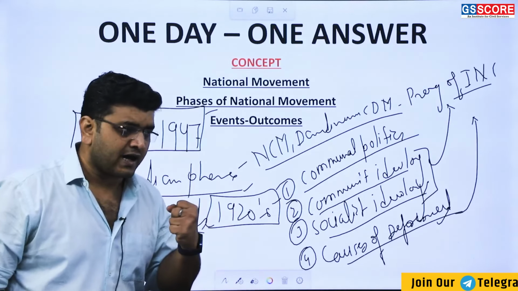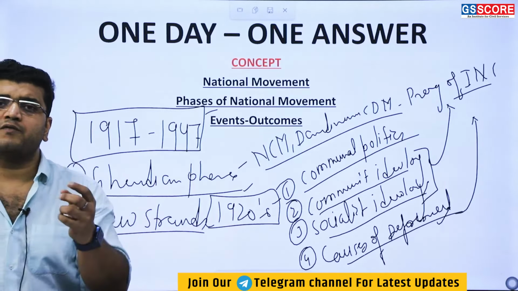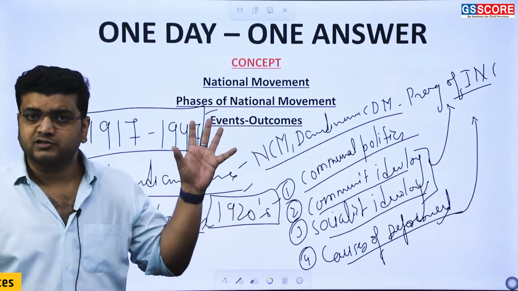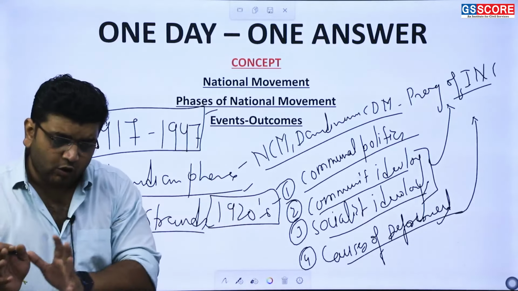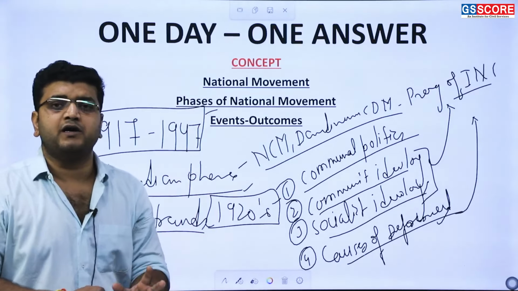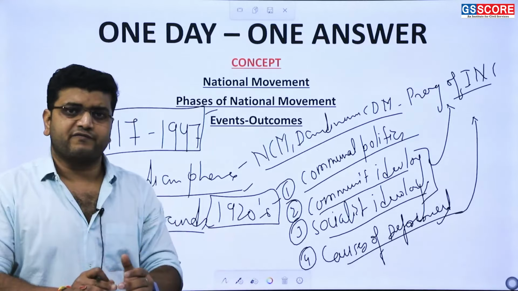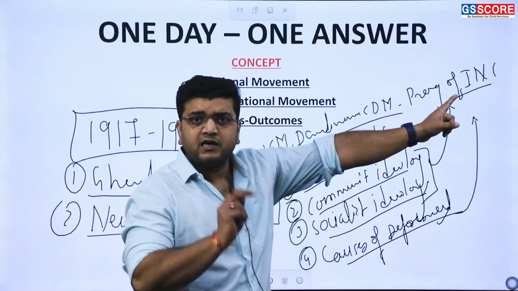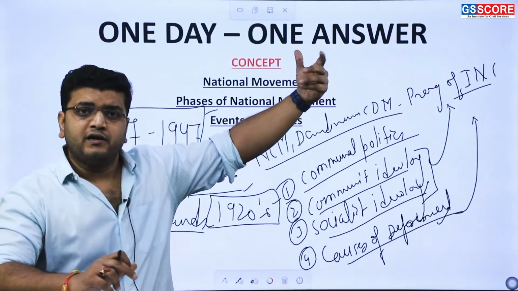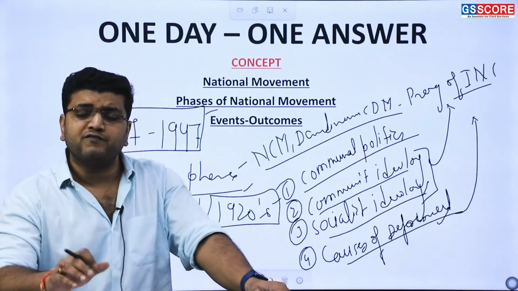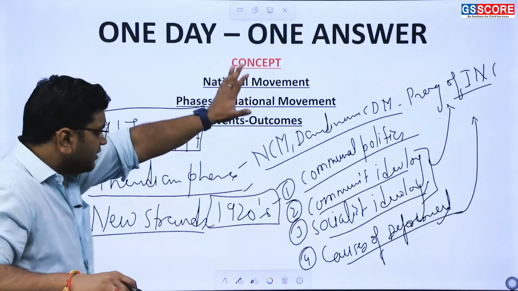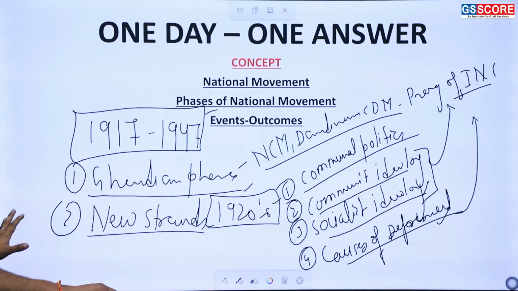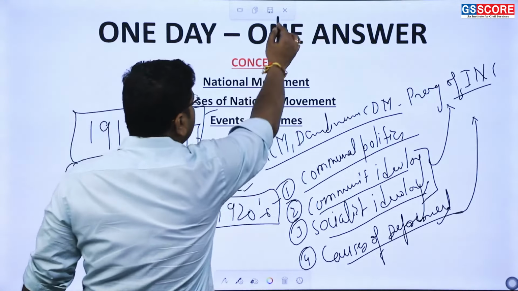Gandhiji asked for a constructive program which aims to uplift the status and position of women and untouchables in society. He called the Congressmen to work to remove untouchability and to work for social reforms. The reason being, he wanted to make the INC inclusive, to make the nationalist program in the INC an inclusive and all-India one. These are the various events and outcomes you will find in this phase of the 1920s, and based on that we have taken that PYQ. I hope this point is clear to you.